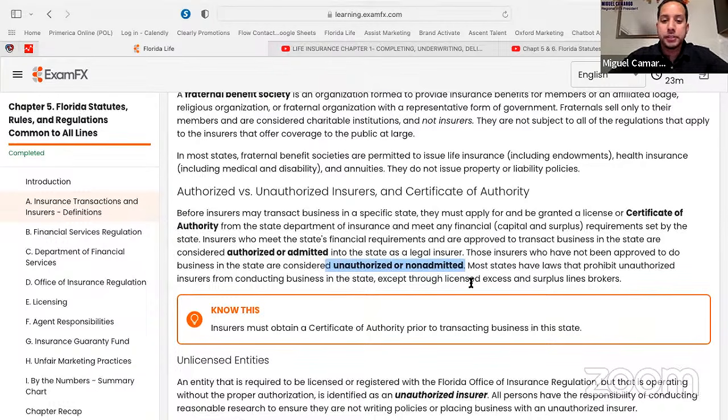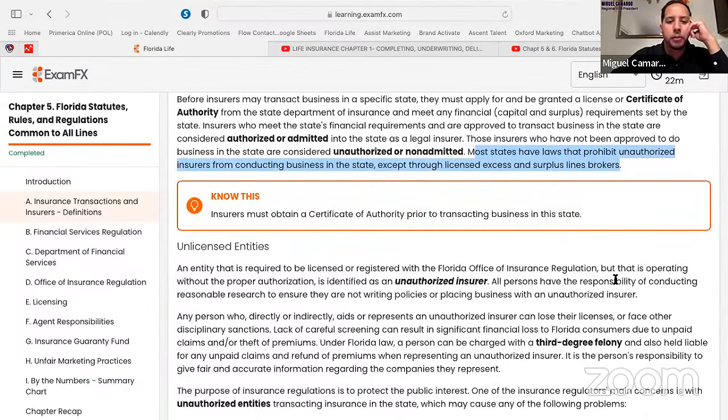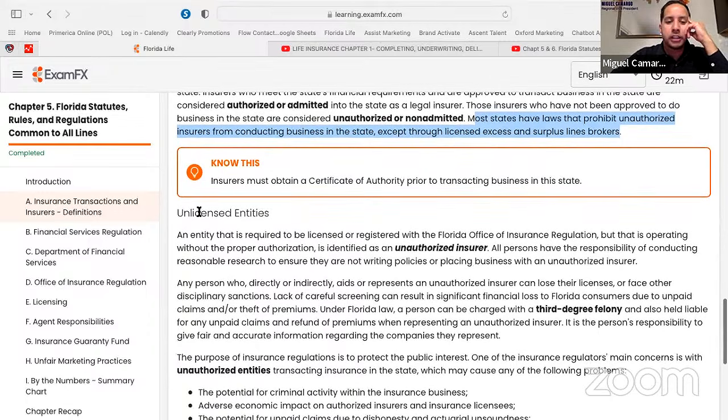Now, what happens is this. Most states have laws that prohibit unauthorized insurers from conducting business in the state, except through licensed excess and surplus lines brokers. If you happen to actually do this, I don't know how they get away with it, but it's an unlicensed entity. So an entity that is required to be licensed and registered with the state of Florida and its regulations, but is operating without proper authorization, is identified as an unauthorized insurer.